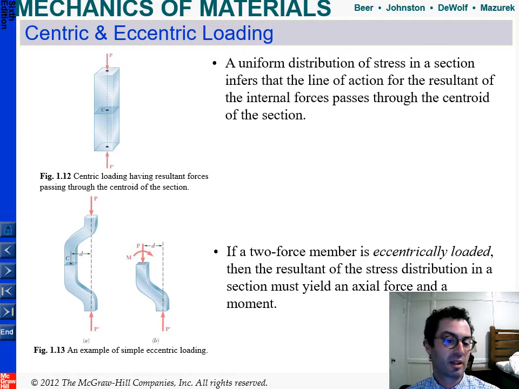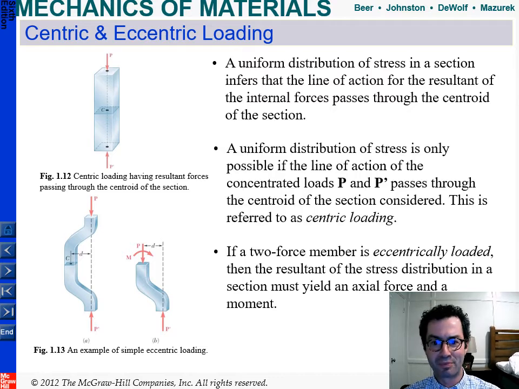So we do need to consider a rotational force when we're talking about an eccentrically loaded member. We're not going to cover that too much. I'm just throwing it out there that this is a thing we need to consider if we have an eccentrically loaded member.